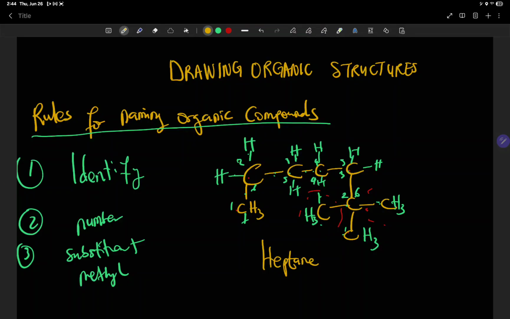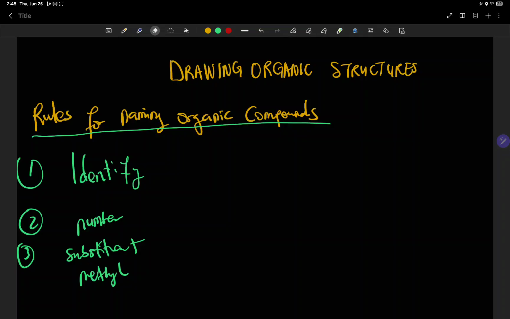So now, at carbon number 2, we have methyl twice, so it is 2,2-dimethylheptane. Let us try another. Let's say I want to draw this.